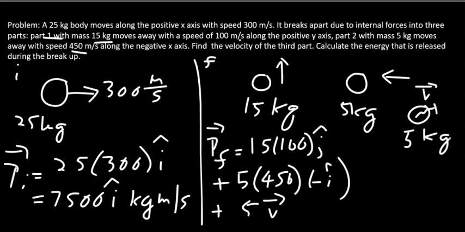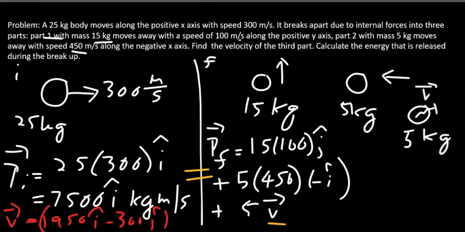And due to conservation of linear momentum, equating these two, we can figure out the vector v, which will give you 1,950 i hat minus 300 j hat meter per second. So that is the velocity of the third piece.